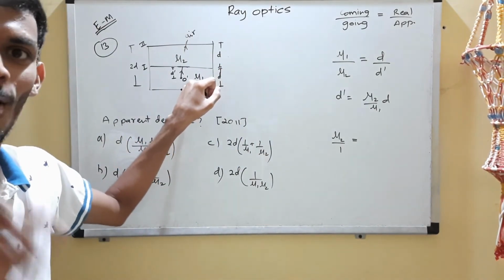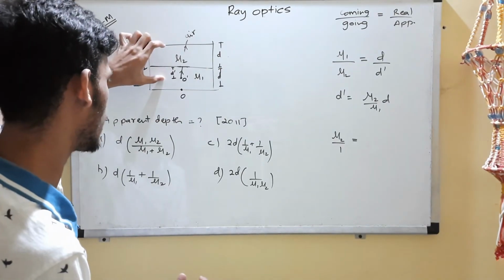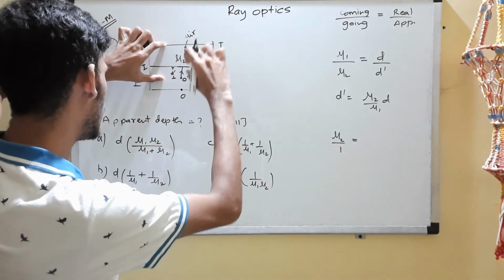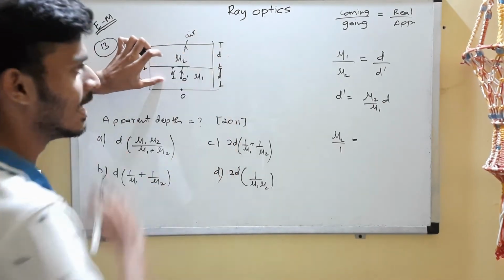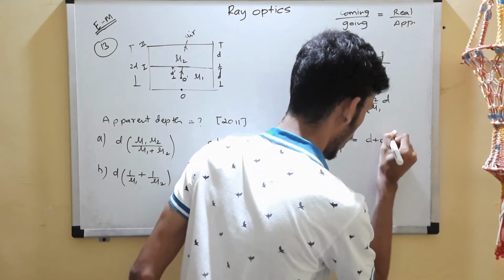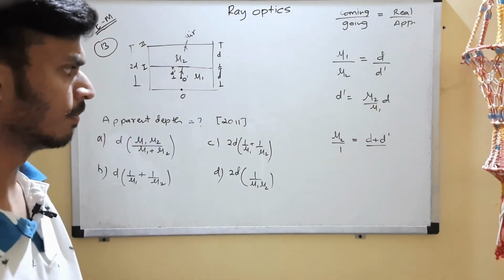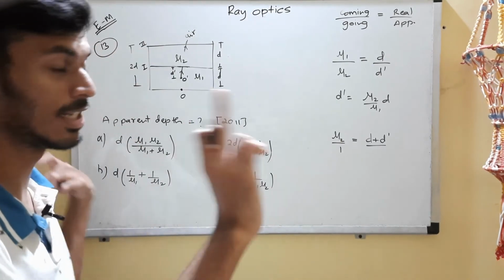O dash is the object for liquid number 2. What is the real depth now? D plus D dash. The depth of this object is D plus D dash. That is the point that you have to carry. That is the real depth.